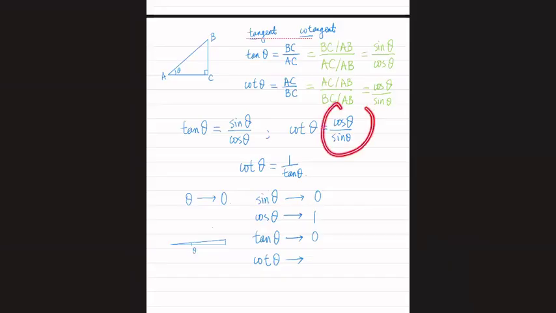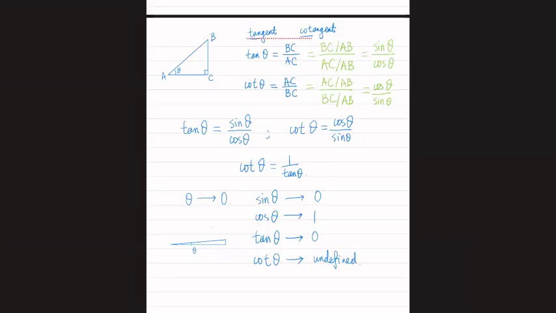So this time for cotangent, this goes to 1, this goes to 0. Would that be like undefined? Undefined, yes, all would be right. Like reciprocal and stuff, you know.